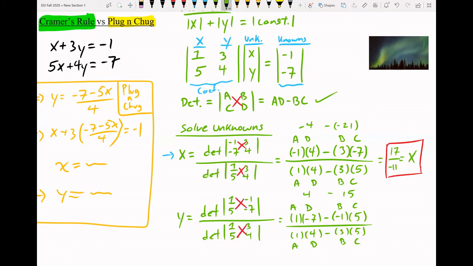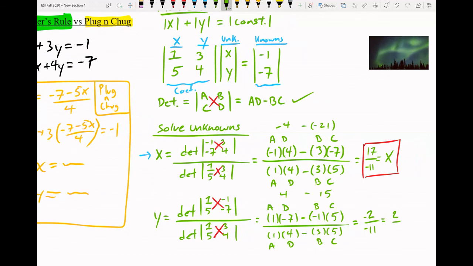All right, and when we do this, let's see. Looks like that's negative 7 plus 5, which will give us negative 2. And then we already found the denominator value, which was negative 11. But negative 2 over negative 11 is just equal to 2 over 11, which is our value for y.